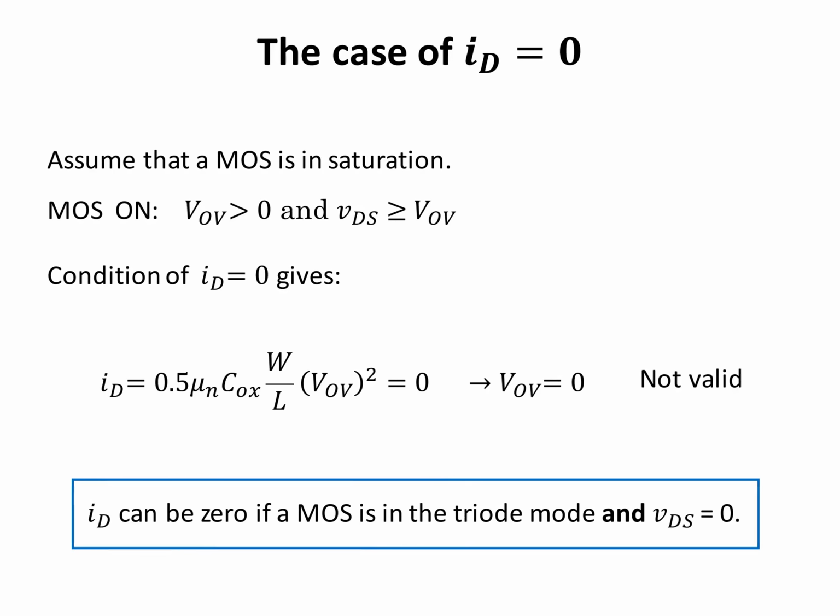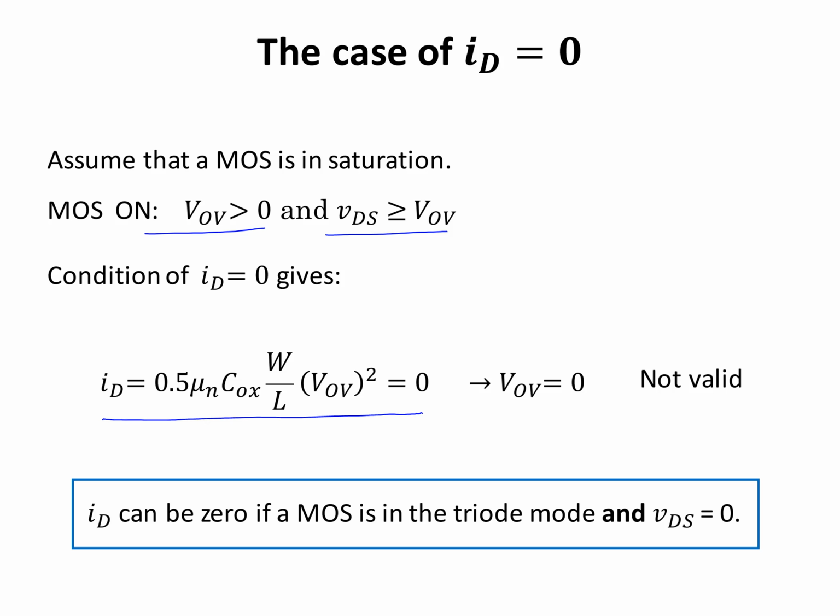So let's check the case of ID being equal to 0 and the transistor operating in the saturation region. In the saturation region, because the MOSFET is on, the overdrive voltage is greater than 0. Also, VDS is greater than the overdrive voltage. So I'm going to use the ID equation for saturation and equate it with 0.